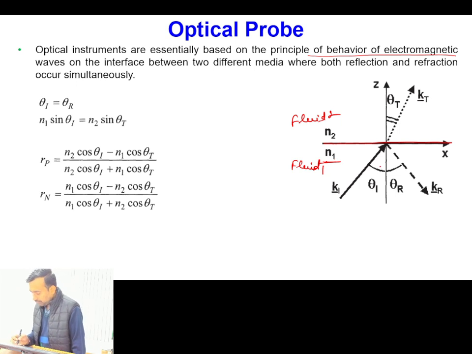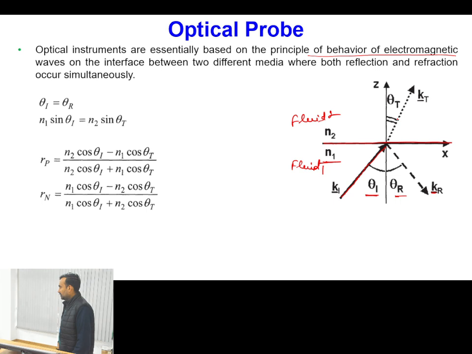Now this is a wave of strength Ki with an angle of incidence theta I. Once it is incident at this interface, part of it will be reflected with strength Kr at an angle of reflection theta R, and part of it is transmitted with strength Kt at an angle theta T. Is this one clear?